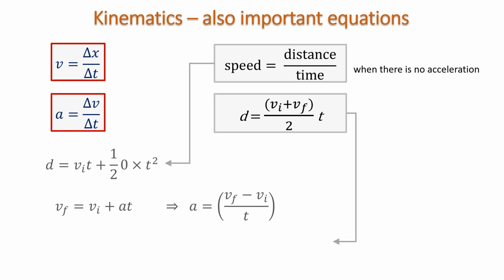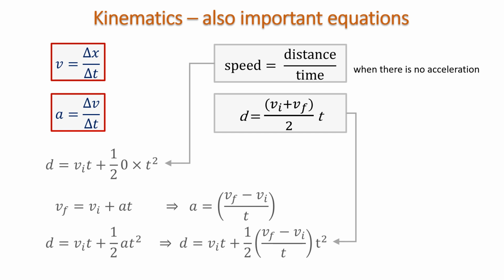Let us do that. From the first equation of motion, Vf is equal to Vi plus at, you calculate your acceleration. And this acceleration we will substitute in the second equation of motion. And if you reduce it, it will come to this formula. You can pause this video and try it yourself.